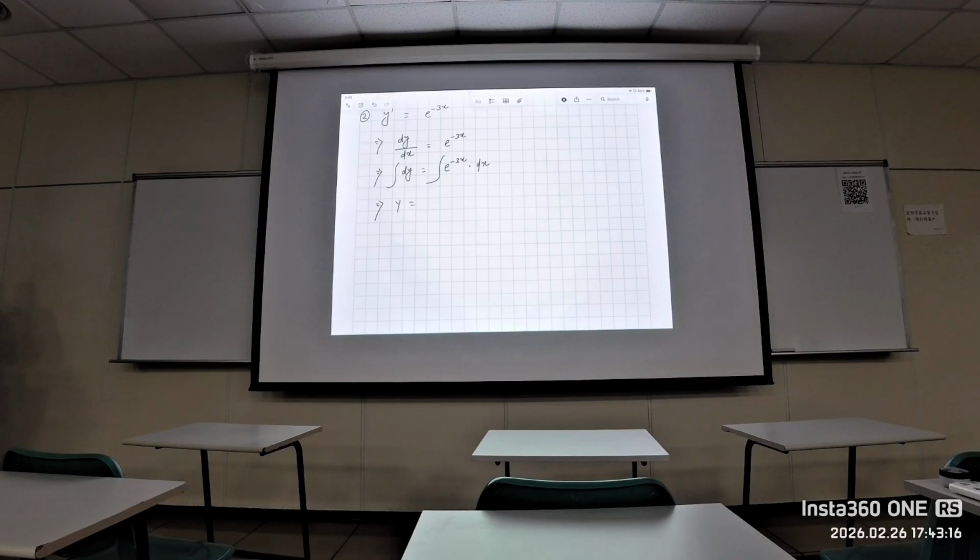So this is y is equal to e to the power minus 3x by minus 3 plus constant. Am I right? Integration of e to the power x is the same, e to the power x, right?